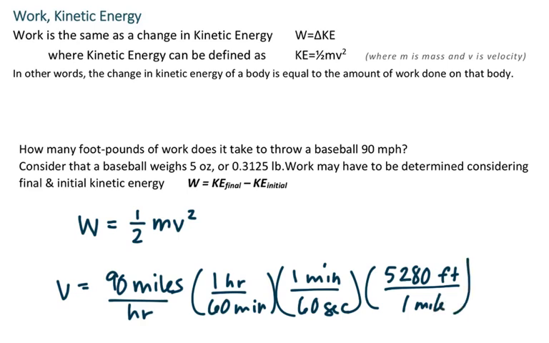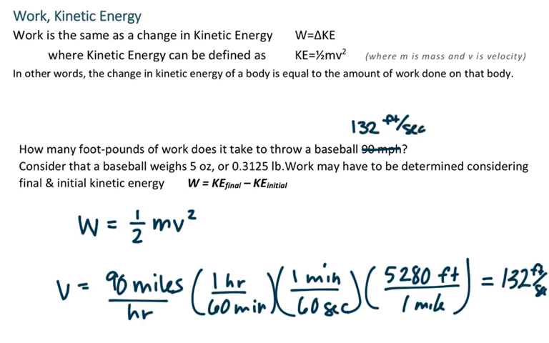So after this cancellation, I end up with 132 feet per second. I ran out of space there. But so my velocity, instead of using 90 miles per hour, we're going to use 132 feet per second.